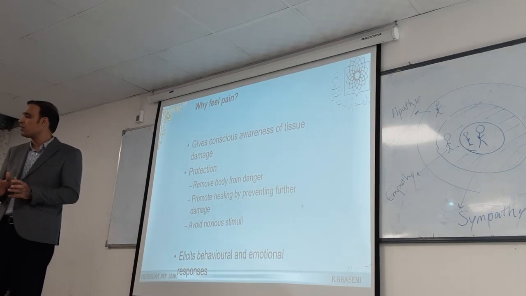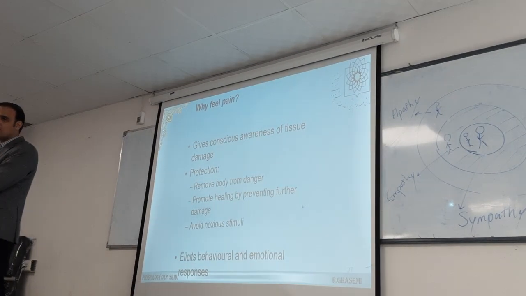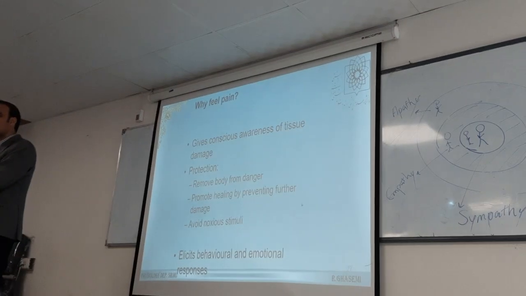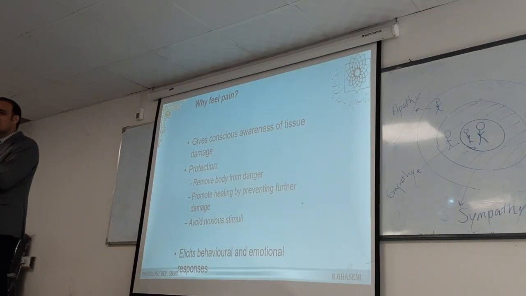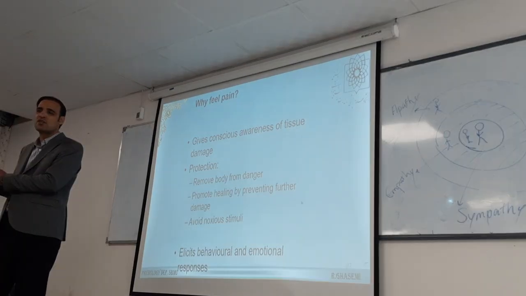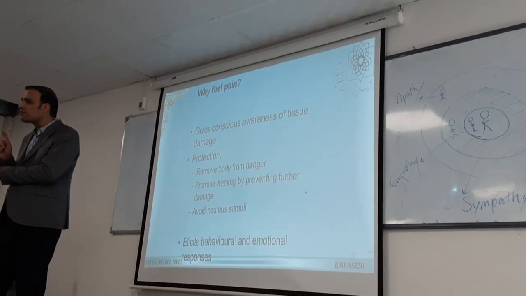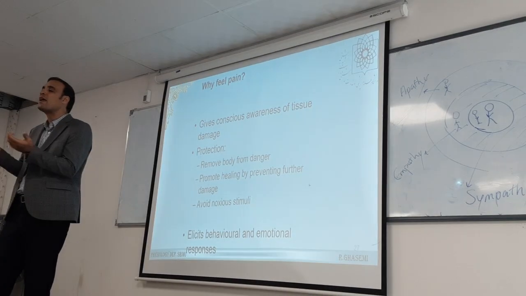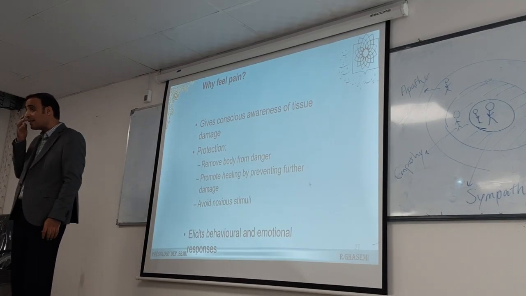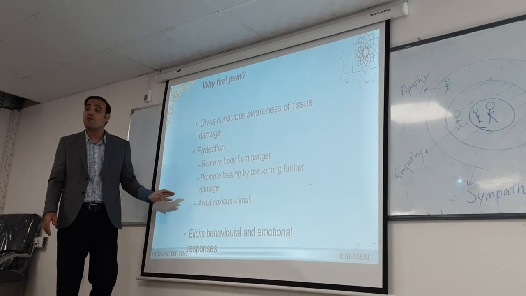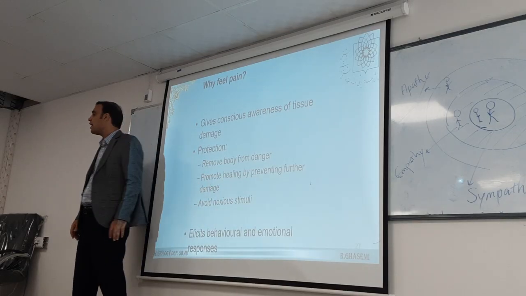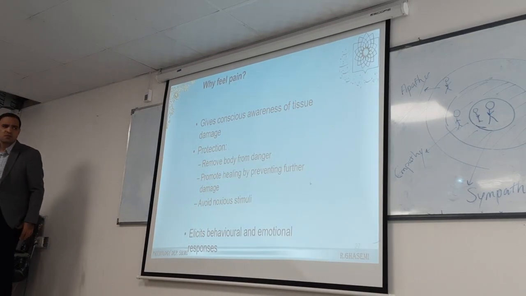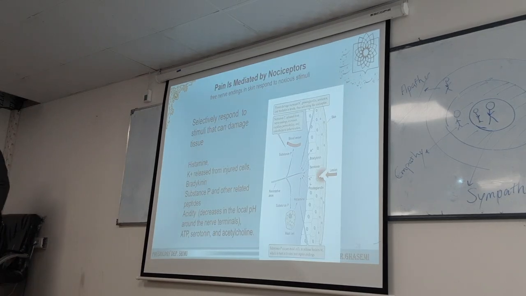If you put food in a cage, an animal learns that every time I enter this cage, there is an electrical, painful stimulus. The animal will avoid entering this area. This is pain conditioning. And therefore pain allows us to avoid painful situations. It also generates some behavioral and emotional responses that I will discuss.